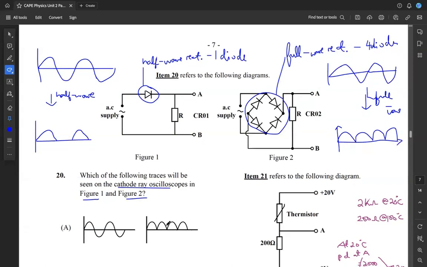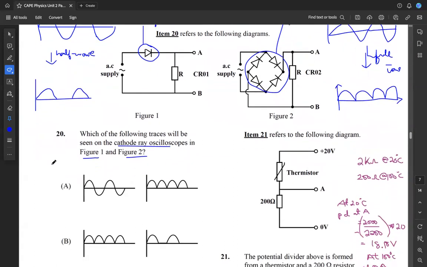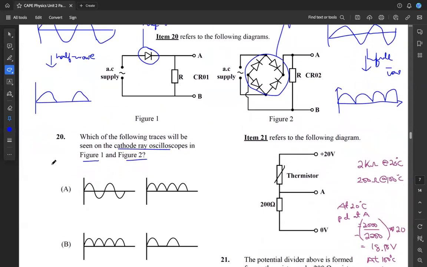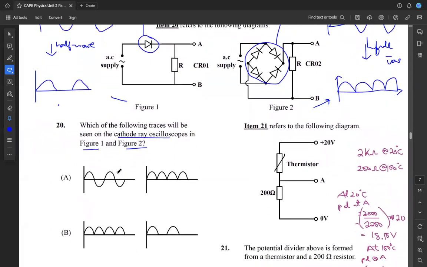So let's look into the question and see what matches what we came up with. We said in the half wave case, we'll have this, and in the full wave case, we'll have this. So let's see what matches that. Half wave case is for figure 1, so this is for figure 1. And then figure 2 would give us that. So far, they don't match. This doesn't match that. It matches this, but not this one.